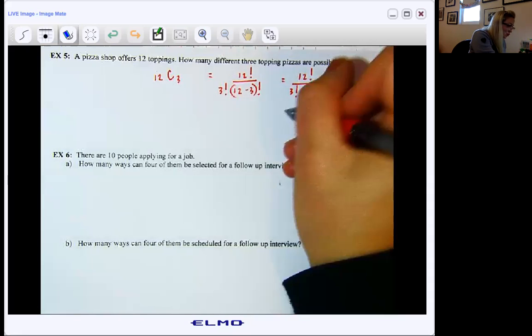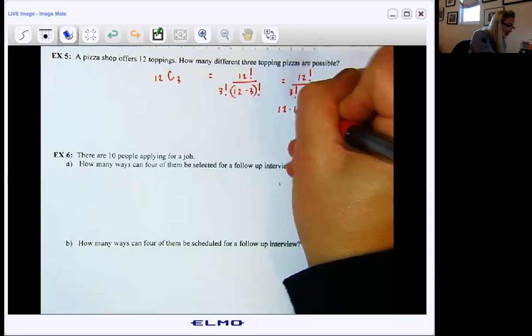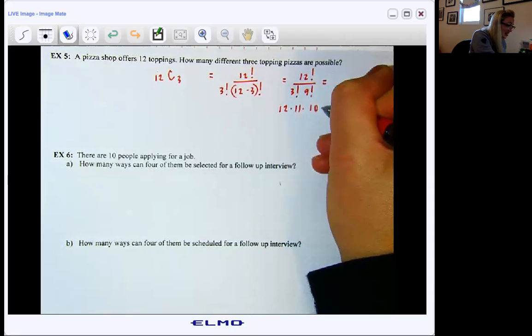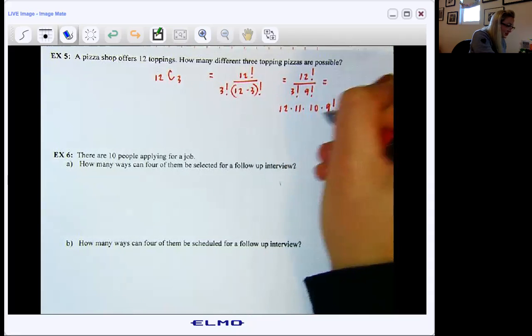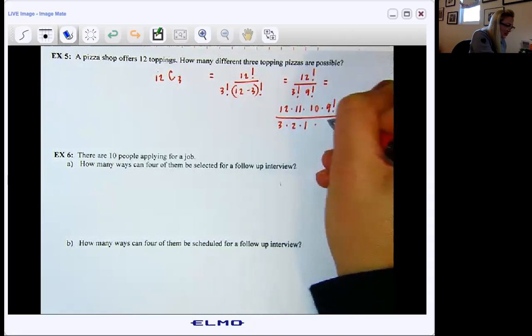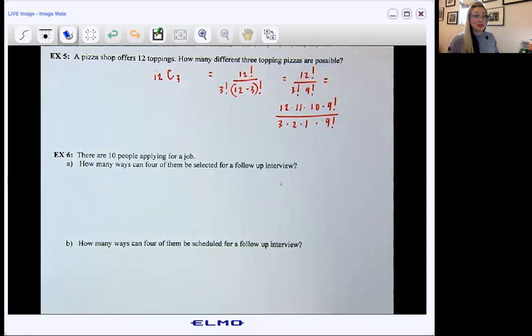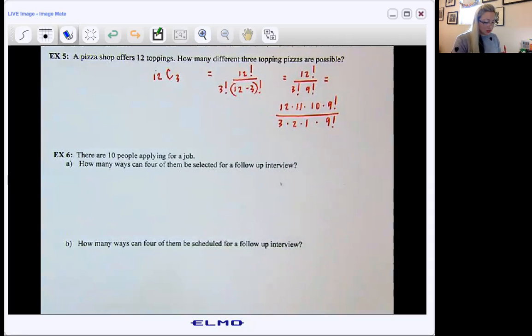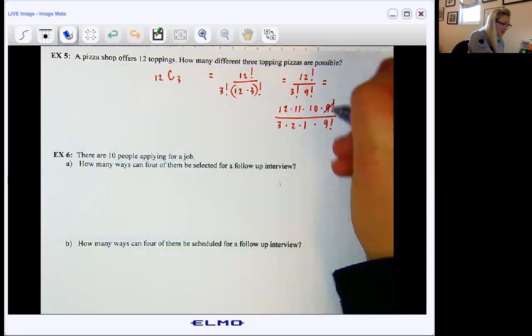That ends up being 12 times 11 times 10 times 9 factorial over 3 times 2 times 1. It's writing out 3 factorial, and then times 9 factorial. So those 9 factorials, right, something over itself is just 1.